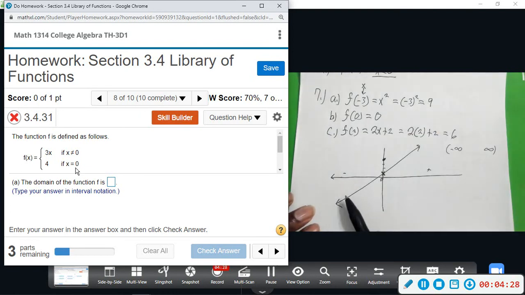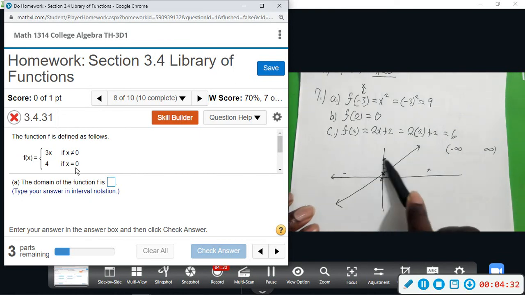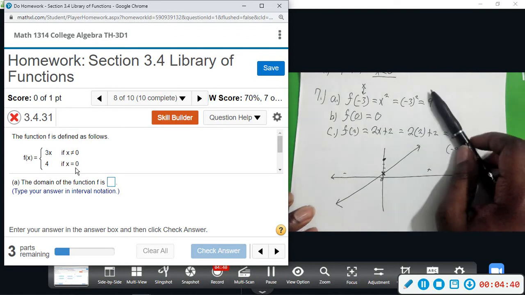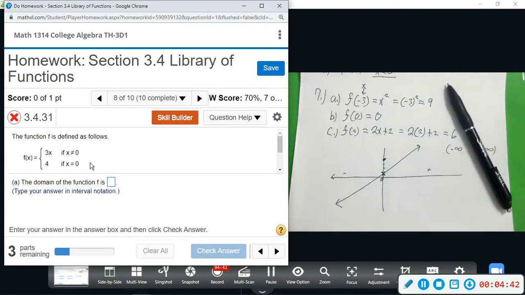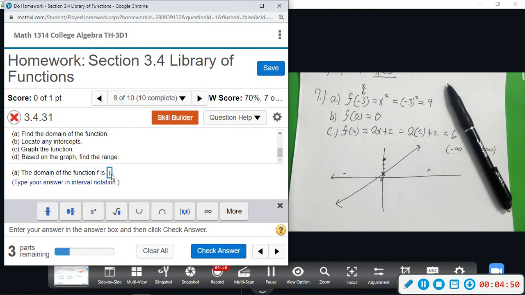So if you combine these two equations, this line, which is missing 0, and this dot, which is like they just took this point 0 and shifted it up, you do still span the whole number line. So your domain is still all real numbers because you will get every value of x. So domain is going to be negative infinity to positive infinity.